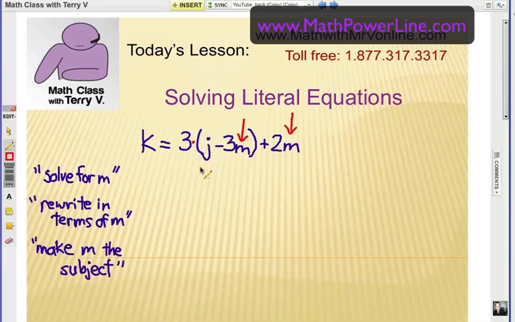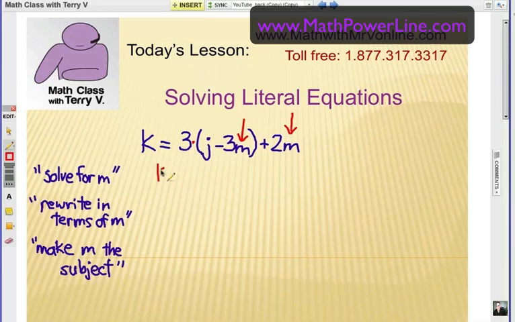The goal again is to go in reverse order, using inverse operations, so you can undo everything and get m by itself. Now what happens if I have two m's out here? The first little tip is that if you have parentheses and it's a distributive property situation, go ahead and multiply it out. Get rid of the parentheses.